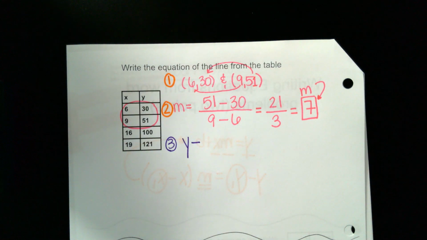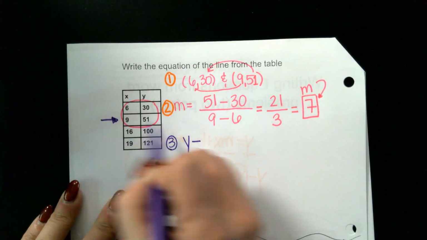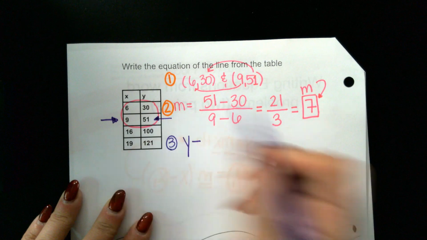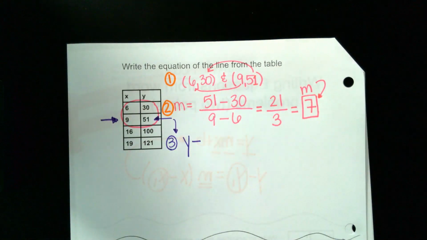So you can use either of these two or either of those two. Just pick an ordered pair. Somebody just tell me which to use, I don't care. 9? So you're saying 9, 51? Okay, we'll use 9, 51 for part 3.